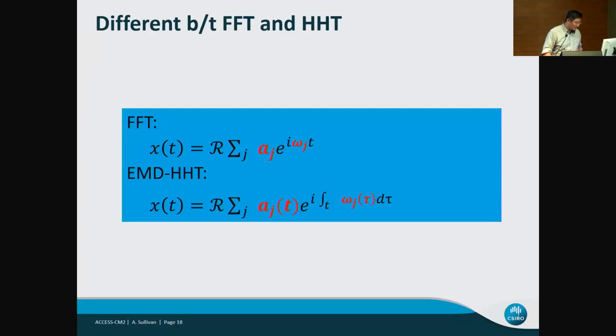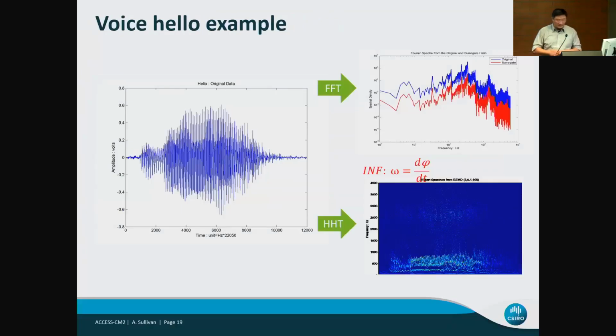There's no limit here. For example, if I say hello, the signal looks like the left-hand side. Before I start, it's flat, nothing, noise. When I start to say hello, it becomes like this, and then finishes. The traditional FFT will give you strong power, something like this.